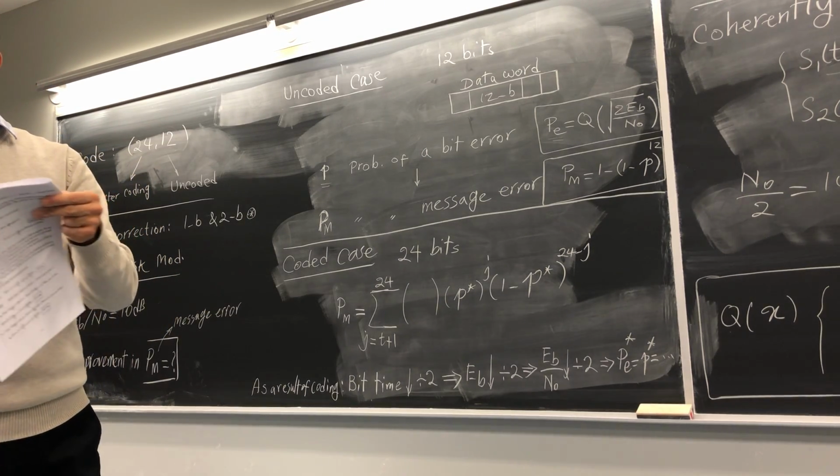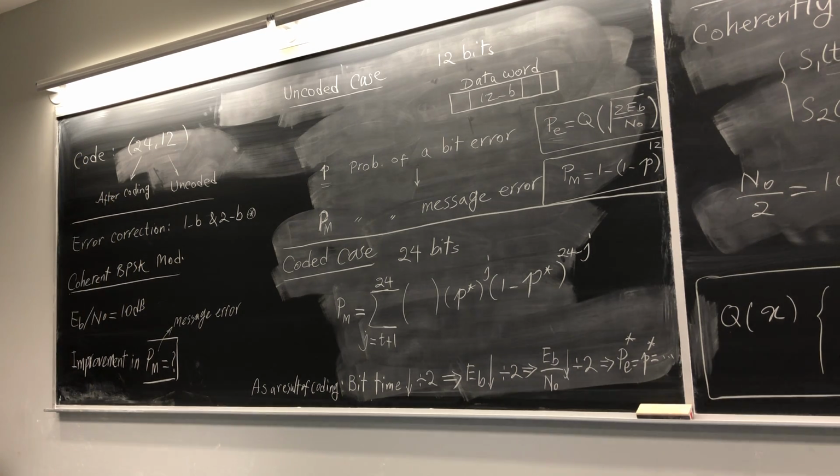Can you just repeat why for cosine the EB is A squared T by 2?